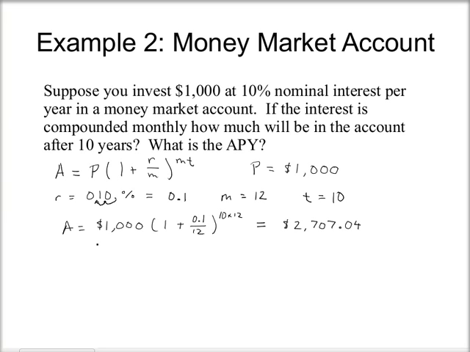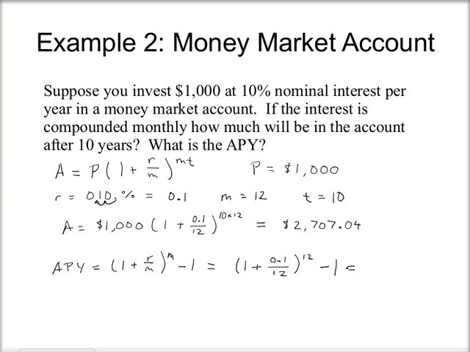For the next question, I want to figure out what the APY is, or the annual percentage yield. And the formula for APY is 1 plus R divided by M to the power M minus 1. So these are the same R and M that I had from before. So this gives me 1 plus 0.1 divided by 12 to the power 12 minus 1.